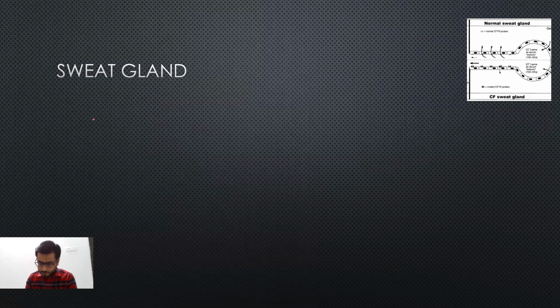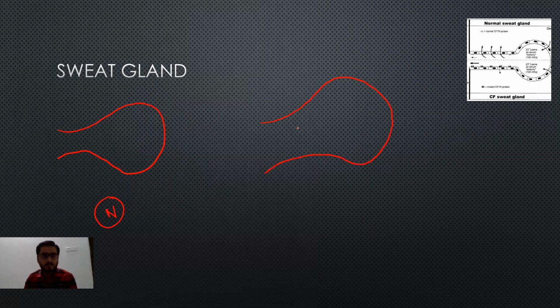So we have a sweat gland like this. Okay, this is the normal sweat gland, and this is the CFTR cystic fibrosis sweat gland. So in this normal sweat gland, what is there? There are cells, sweat gland cells. What is happening for the synthesis of sweat?